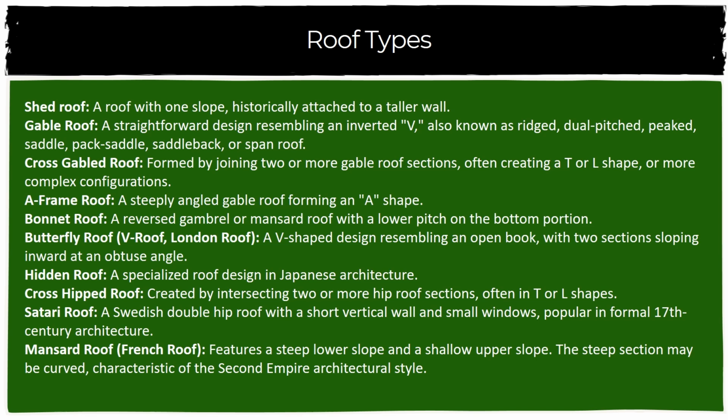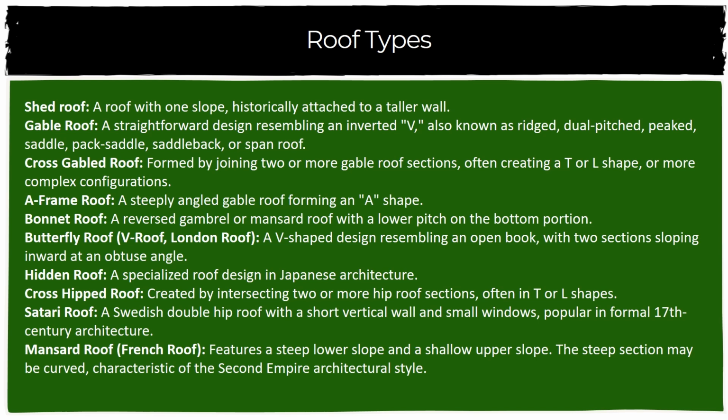Gable roof: a straightforward design resembling an inverted V, also known as ridged, dual-pitched, peaked, saddle, pack saddle, saddleback, or span roof. Cross-gabled roof: formed by joining two or more gable roof sections, often creating a T or L shape, or more complex configurations.